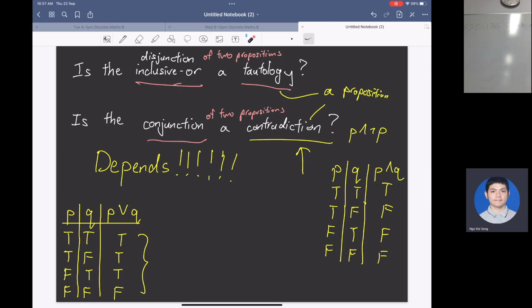For example, Caleb asked me just now, is the disjunction a tautology? Does this question sound valid? It sounds valid, but actually it's not. A tautology is a proposition. A disjunction is not a proposition. How can you equate these two together? This applies to your everyday life.